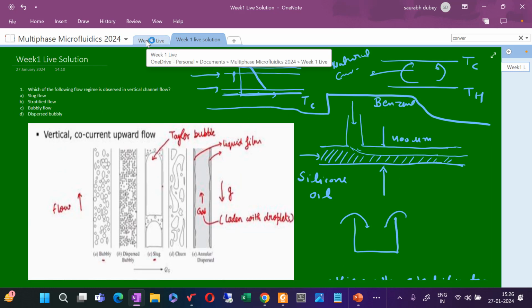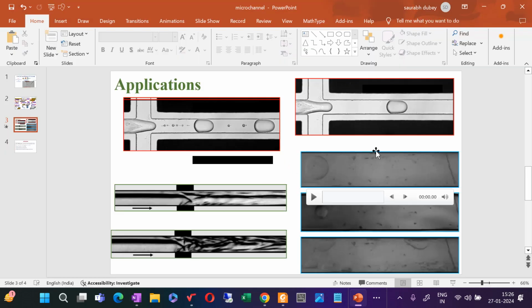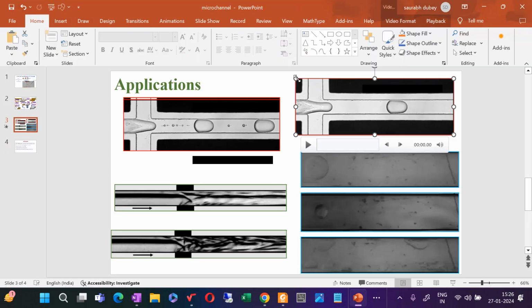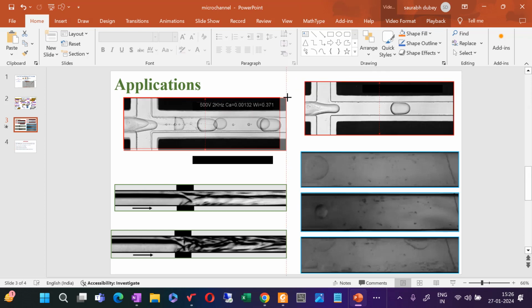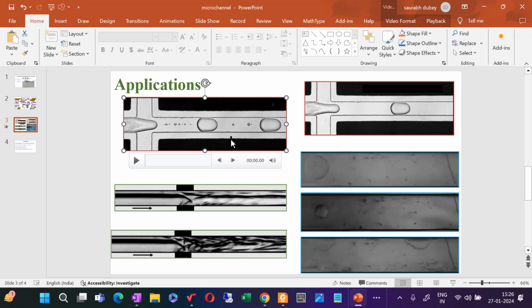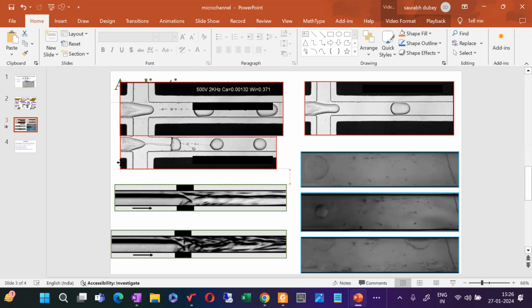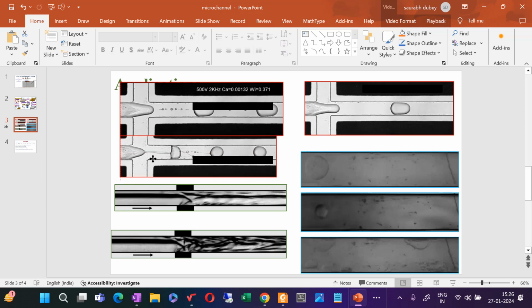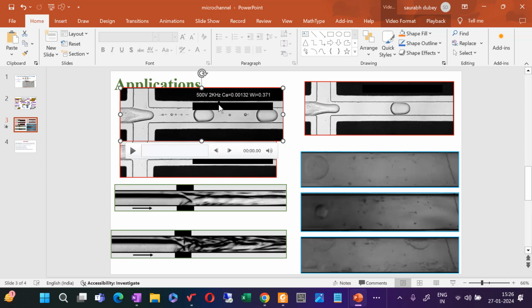Yes, sir. And also the video I was showing in this one, this is more interesting. This is two-phase multiphase microfluidics. These are the experiments that are being performed. If you see, there is some condition.